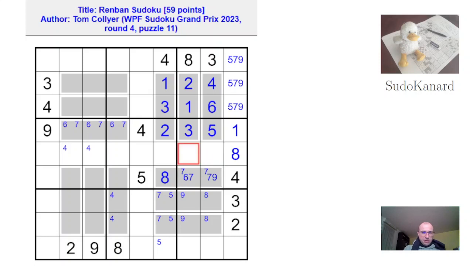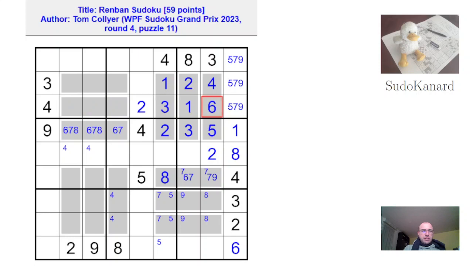Now there must be a 2. 2 can only be here. And then this is a 6. And here we have 6, 7, and 8. 2 can't be anywhere here because of this 3, so that's a 2.